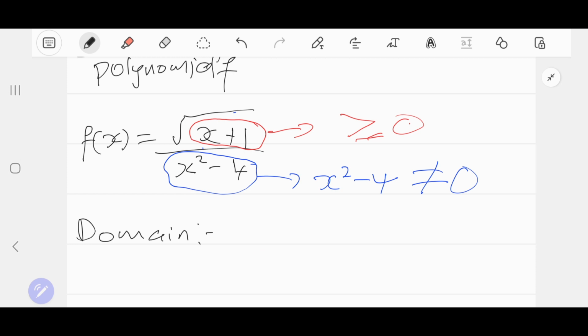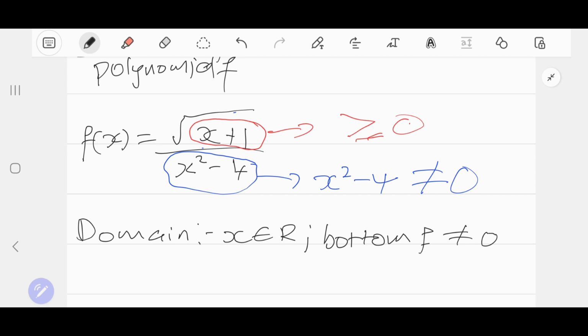The domain, people, is that x is an element of numbers, but the bottom function must not be equal to 0, because when it is equal to 0, No, I'm making a mistake, people.